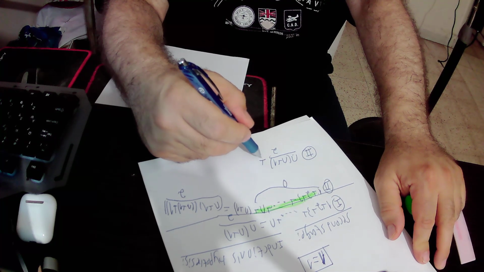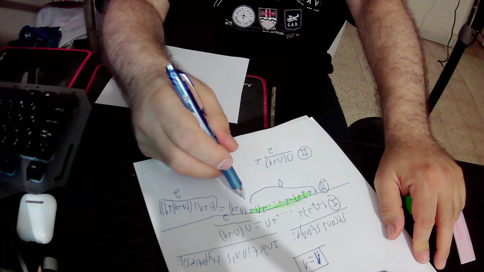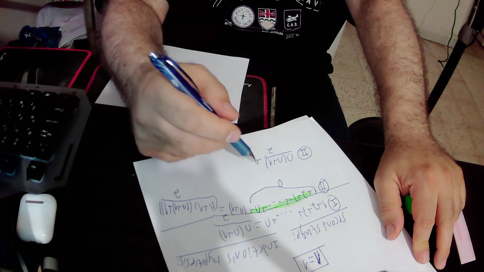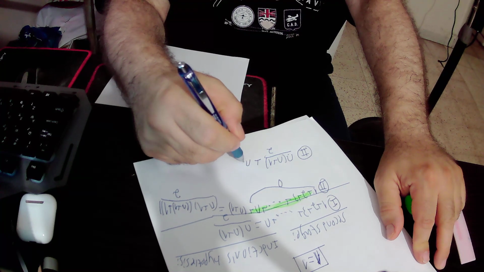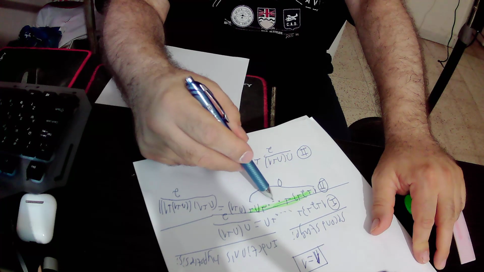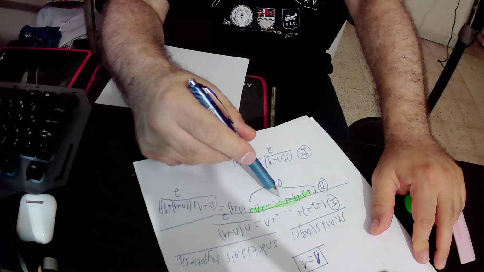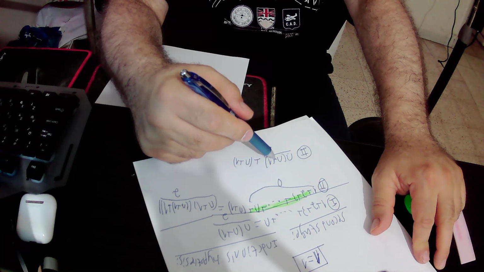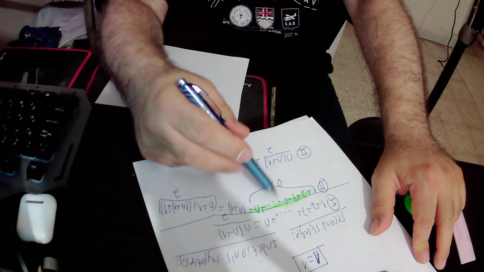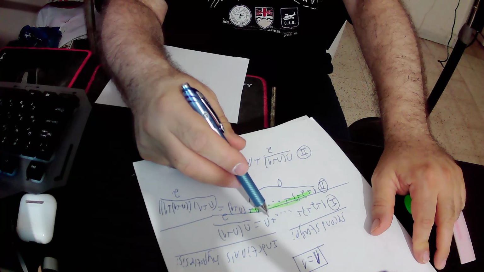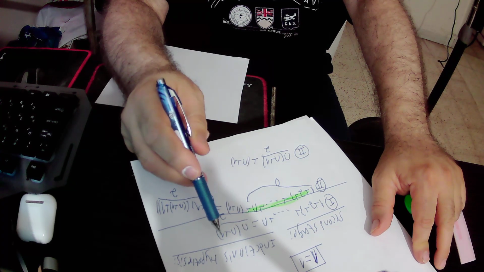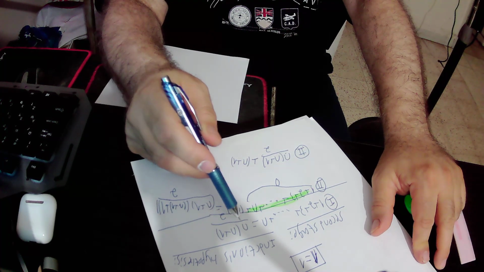We will copy it to the second expression. Yes, in this second expression we only substituted the expression in the green color by n times n plus 1 divided by 2, because they are equal to each other according to our assumption, according to expression 1, that is the induction assumption or induction hypothesis.